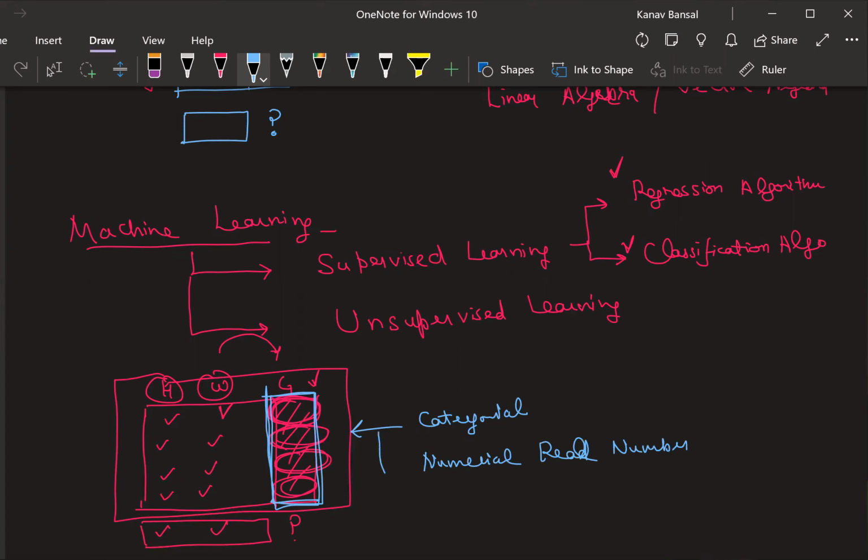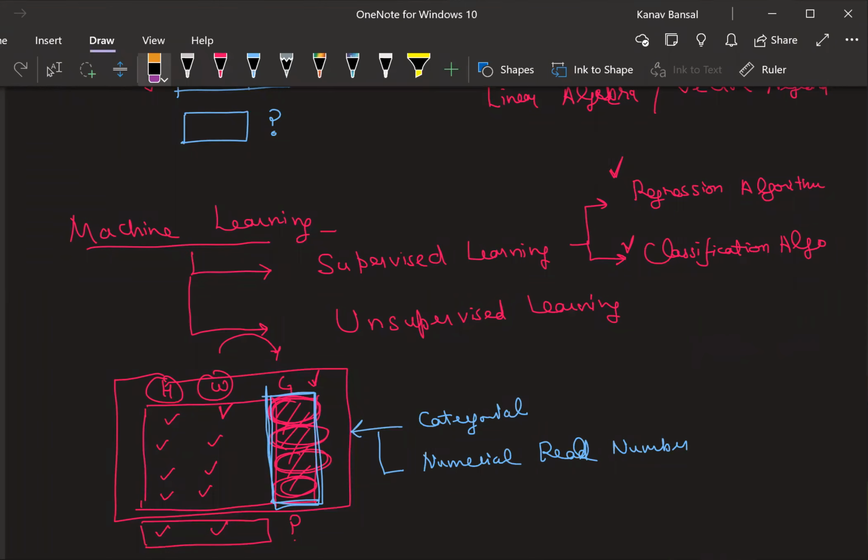In the case of gender, is it categorical or a real number? It is categorical. You only have two categories, male and female, or three categories: male, female, others.